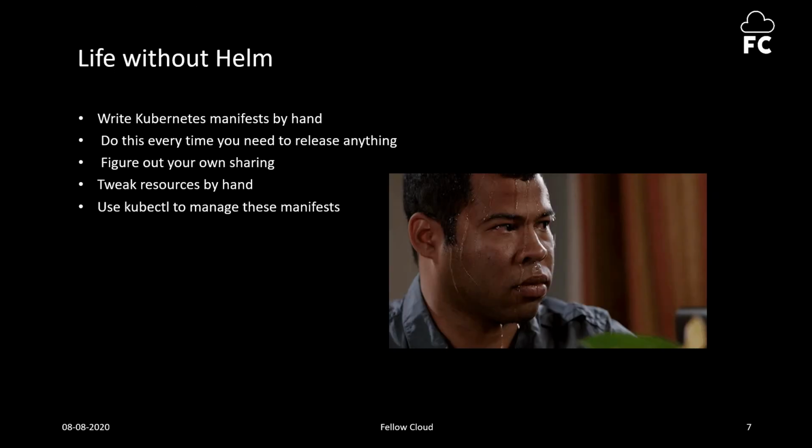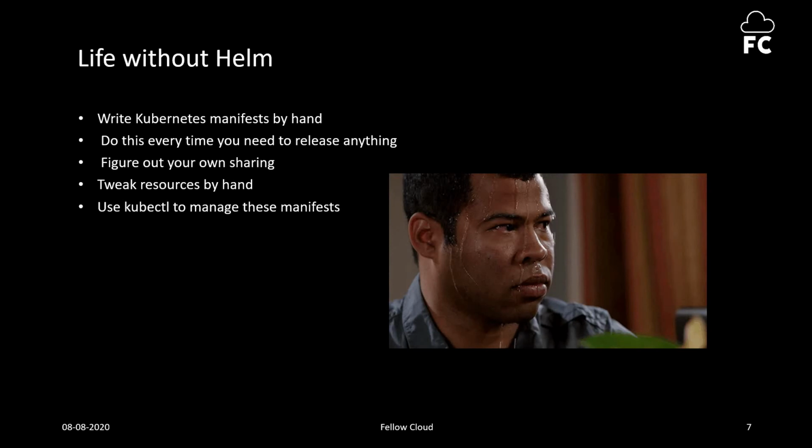Okay, so what would my life be without Helm? Everybody knows that if Helm were not there, everybody would have to write YAML files, which are a bit complex to understand at times, and it is difficult to manage the release. Sharing these files is also difficult.